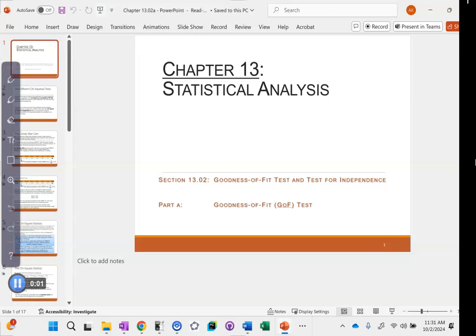Those two criteria are our random sample, making sure it's not too big, and that our expected counts are big enough. Okay? The first thing we need to check is that our random sample is not more than 10% of the total population.